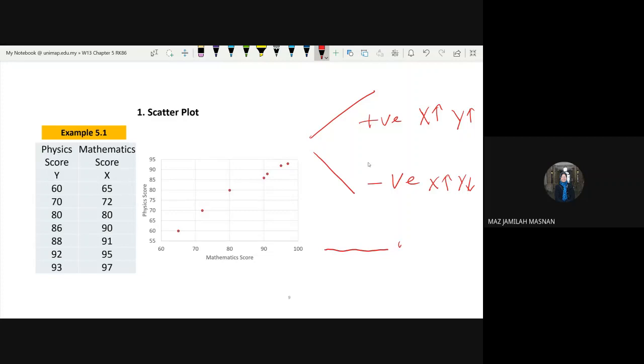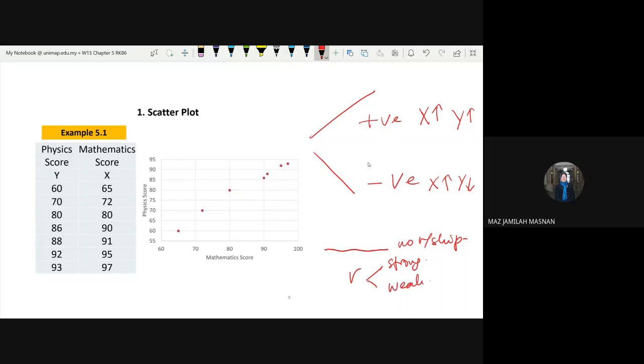This is why you have to do your scatter plot, to give you an idea of what the relationship looks like, and it can tell you whether your sample correlation coefficient, your r, will be strong or weak, just by looking at the scatter plot.